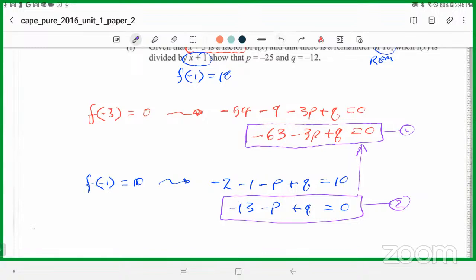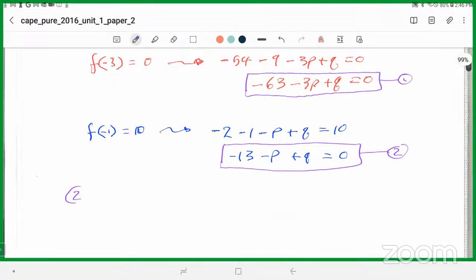So negative 13 minus a negative 63 becomes negative 13 plus 63, which is 50. Then negative p minus negative 3p becomes positive 3p minus p, which is 2p. So I'm getting 2p.